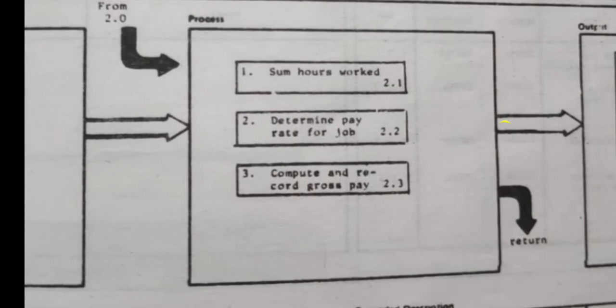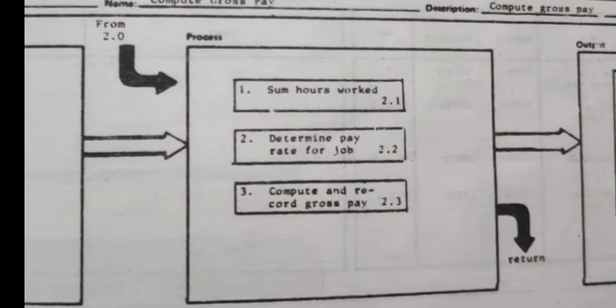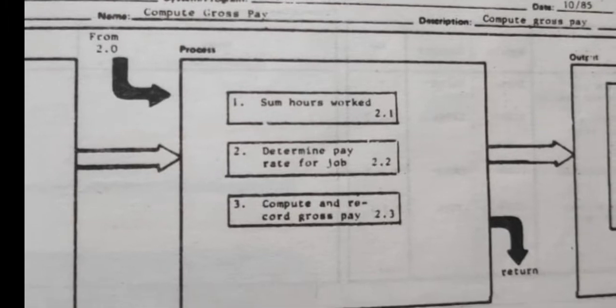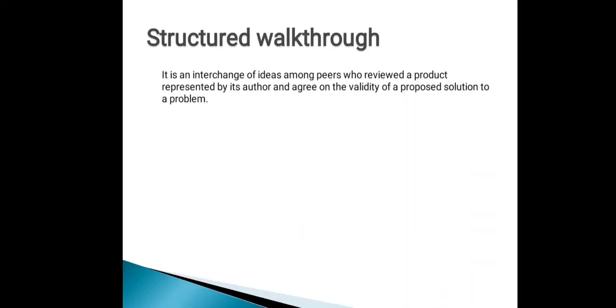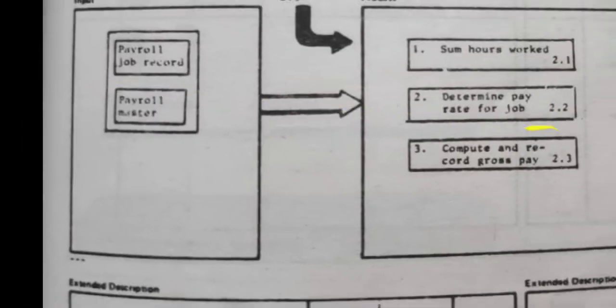So this is being decomposed from the process or from the entity which is 2.0, and this one we get from the hierarchy notation diagram. Here the process might be a calculation regarding the total amount, the hours worked, and also the processing is done by determining the pay rate for the job and computing the record for the gross pay, all these calculations.